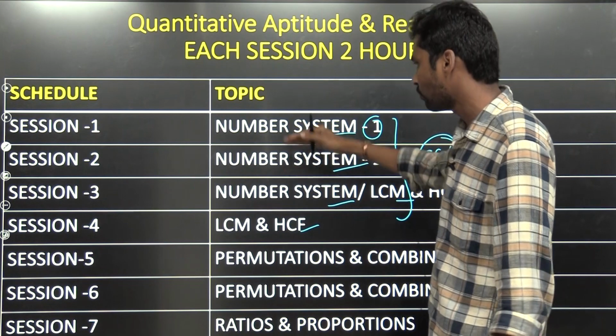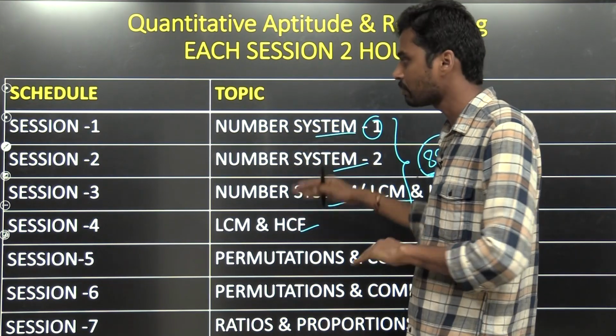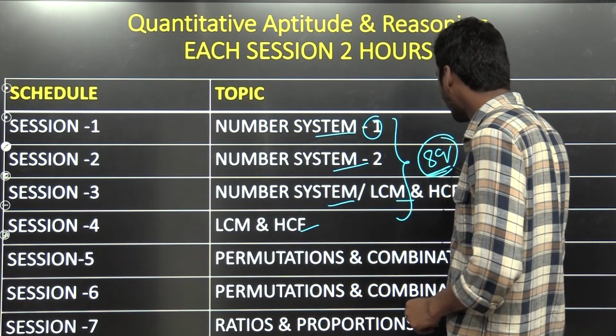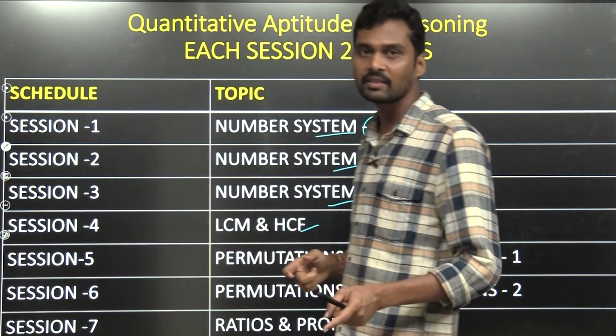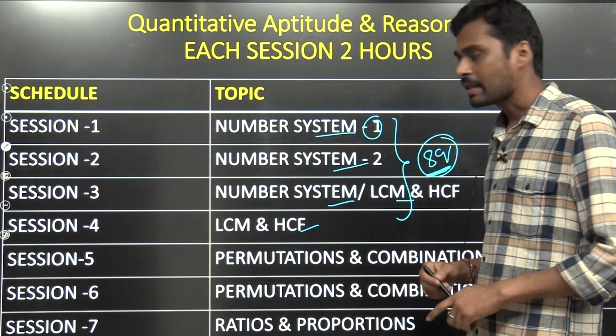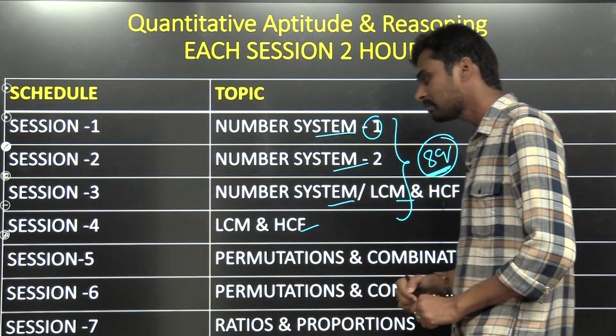So these are the first 4 sessions: number system, and LCM and HCF is also part of number system. As I mentioned, you can expect a minimum of 8 questions from this topic. We are going to learn from the basics. And the next major important topic is permutations and combinations.